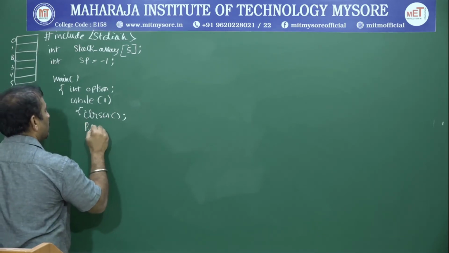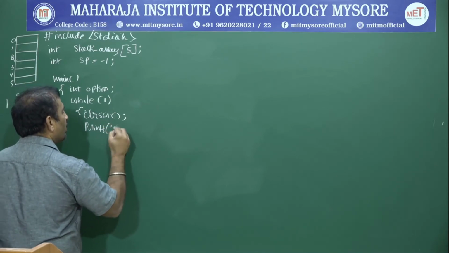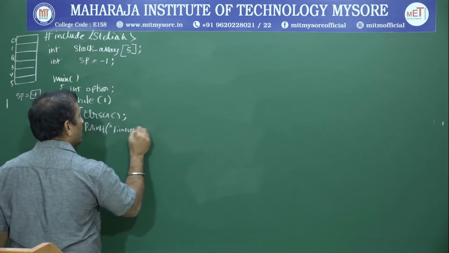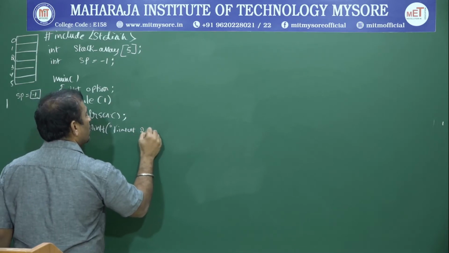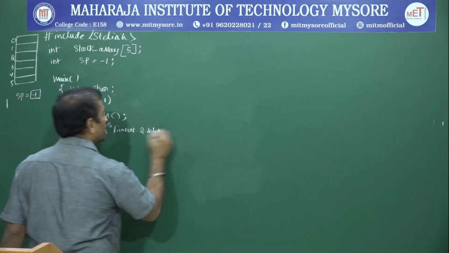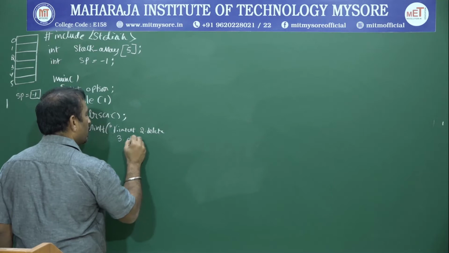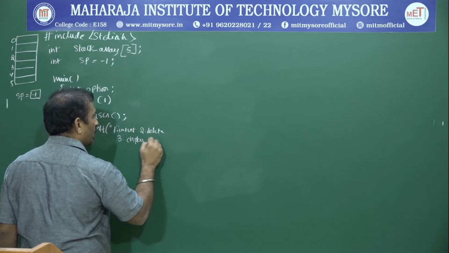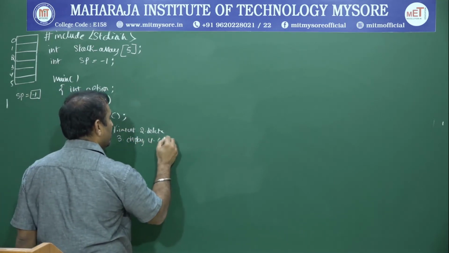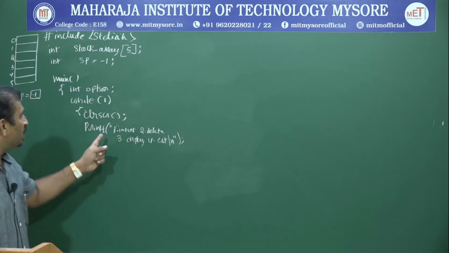I am printing something like this, printf. 1 means insert, okay. 2 means delete, 3 means display, 4 means exit. So I am displaying these 4 options.